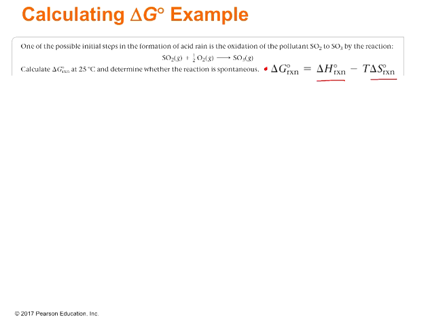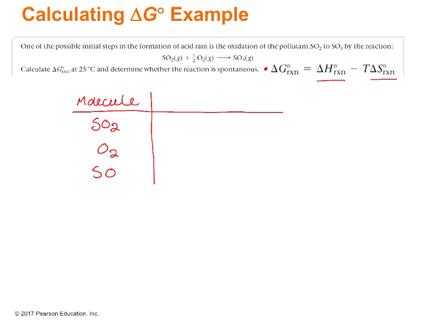So let's make a little table. So we'll put the molecule first. So we've got SO2, O2, and SO3. And then we'll look up delta H of formation for each of those, and we'll also look up the standard molar entropy for each.